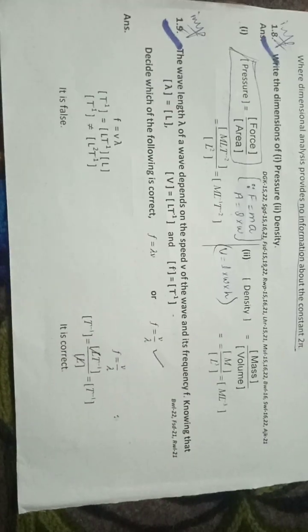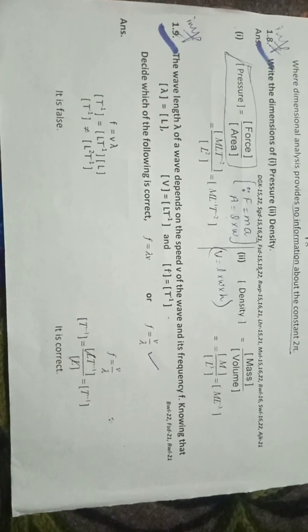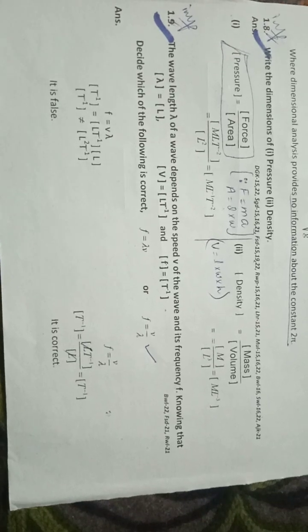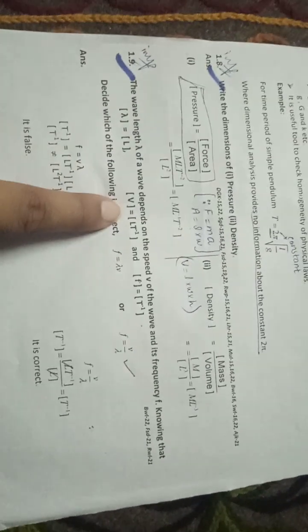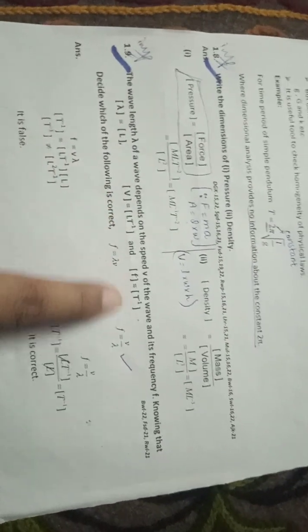Okay, the last question is 1.9, and it is also an important question. The wavelength lambda of a wave depends on the speed v of the wave and its frequency f. Knowing that the dimension of wavelength lambda is L, velocity is L T minus 1, and frequency is T inverse.